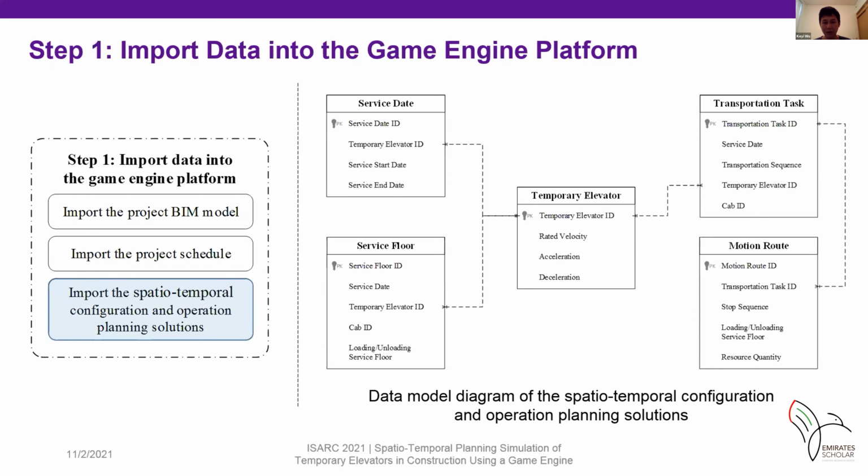The middle one is the temporary elevator specifications, including rated velocity, acceleration, and deceleration. The 2 left components, service dates and floors, are used to determine the configuration planning schemes. And the right ones are transportation task and the motion routes, which are used to determine operation planning schemes.